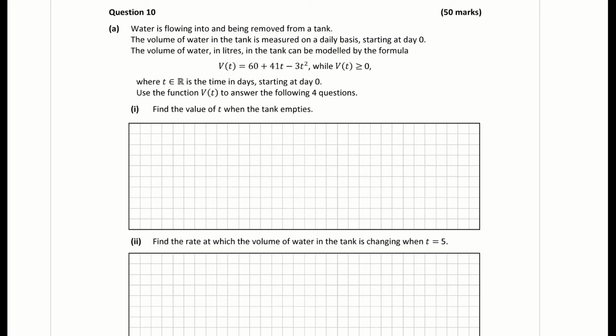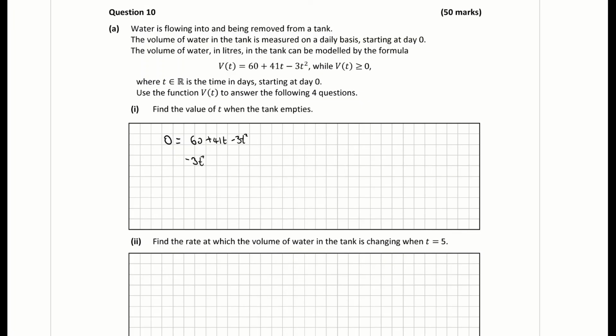Well, when the tank empties, the volume is obviously going to be nil or 0. So that means that my formula for volume can now be 0 equals 60 plus 41t minus 3t squared. I'm just going to rearrange that with the power of 2 first.